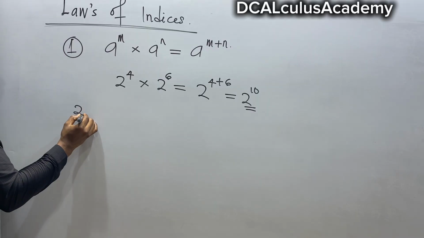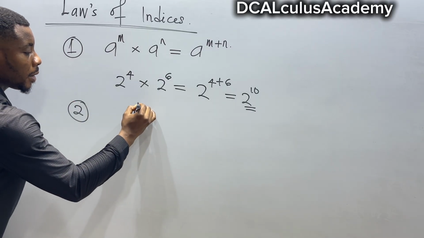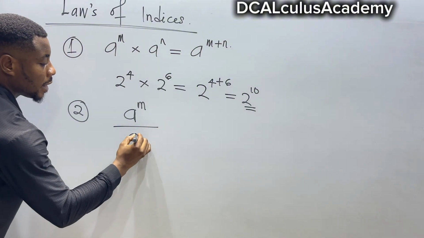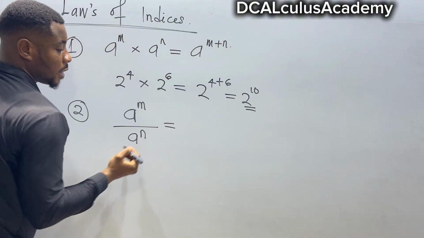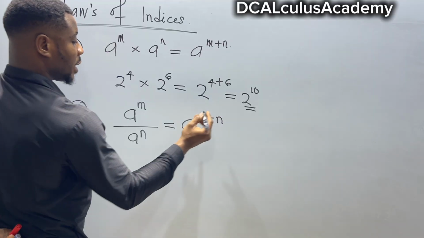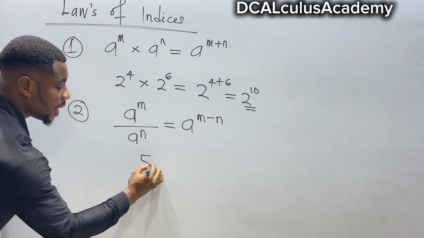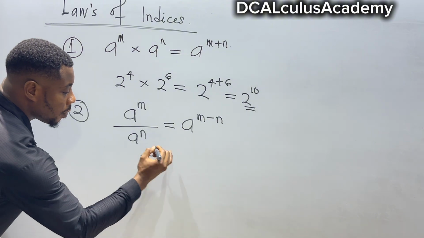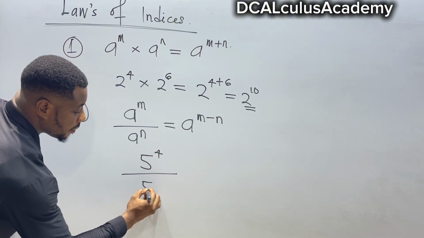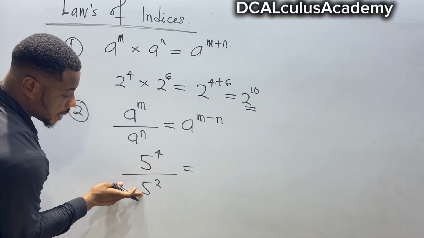Now, for law 2, if we have a to the power of m divided by a to the power of n, it is going to give us a to the power of m minus n. That is, if I had 5 to the power of 4 divided by 5 to the power of 2, so far the bases are the same.